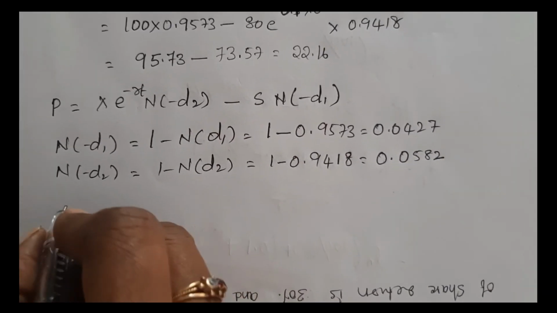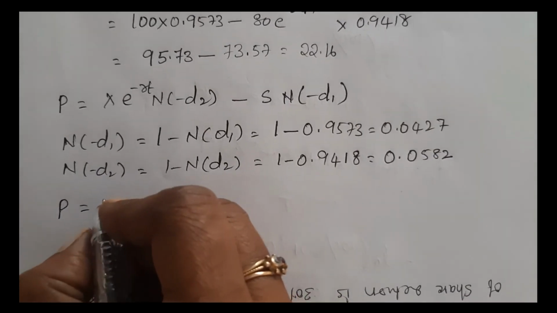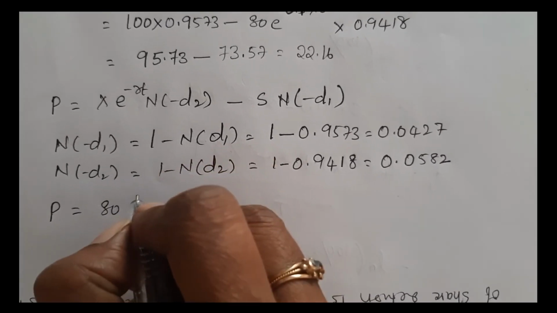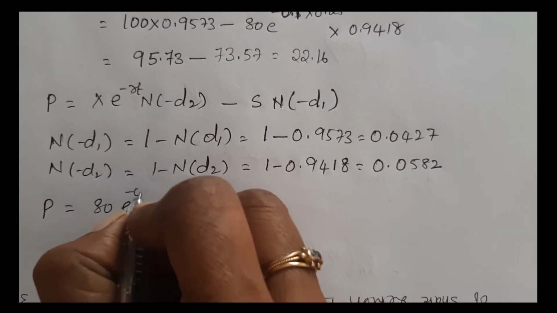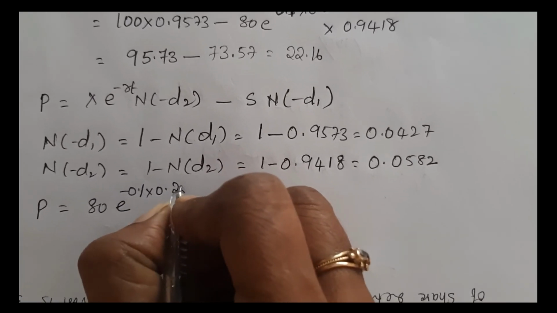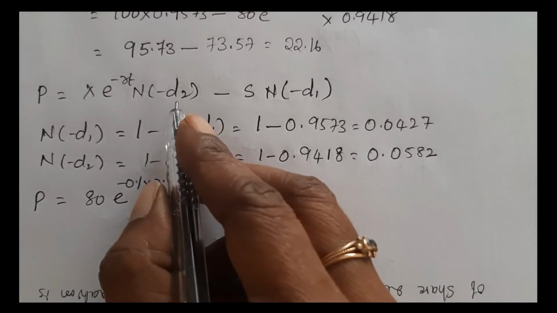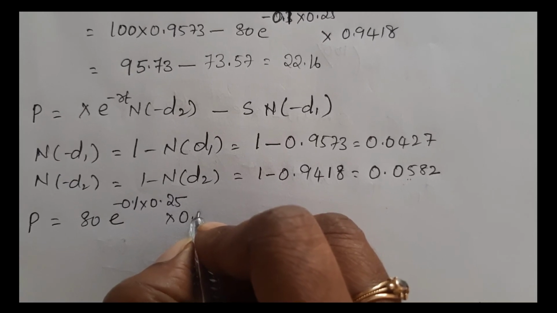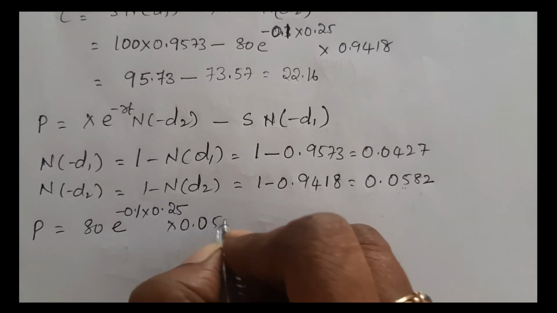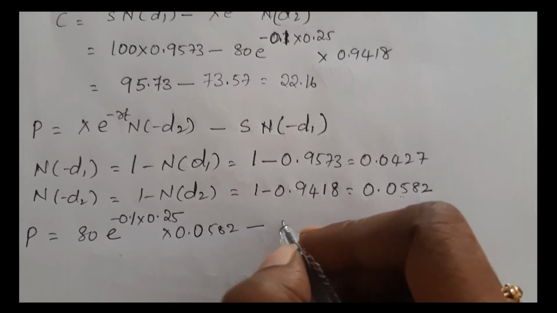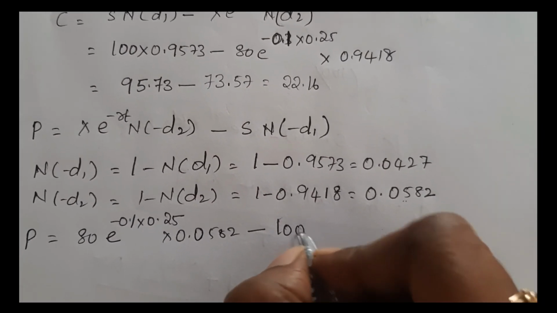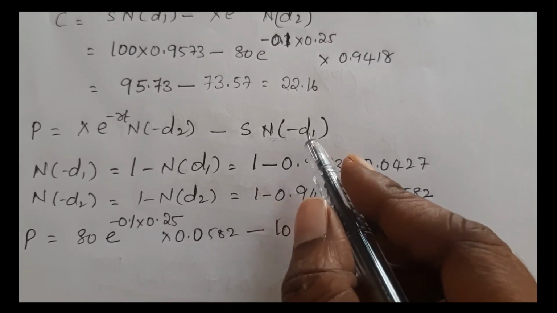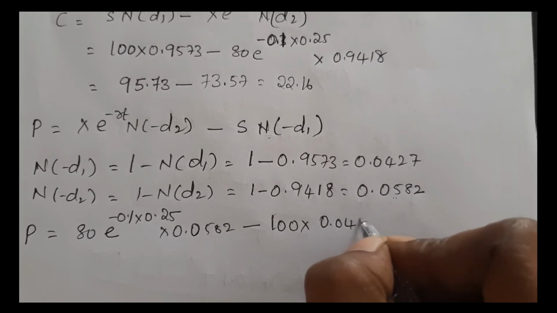So which is going to be 0.0582. So when we apply all together into the formula, X is 80 into e to the power of minus R, which means 0.1, into T, 0.25, into N(minus d2), which will be 0.0582, minus S, which means 100, into N(minus d1), which means 0.0427.